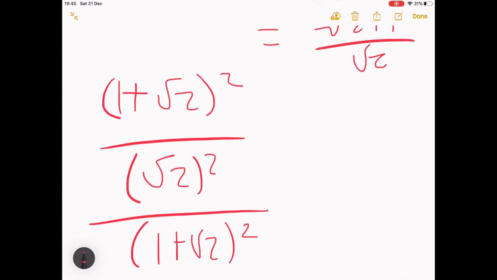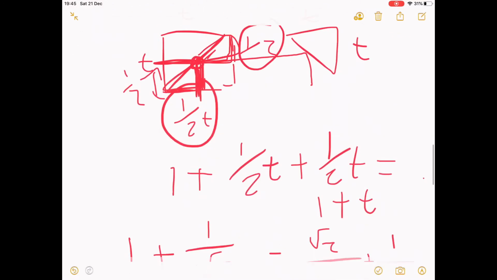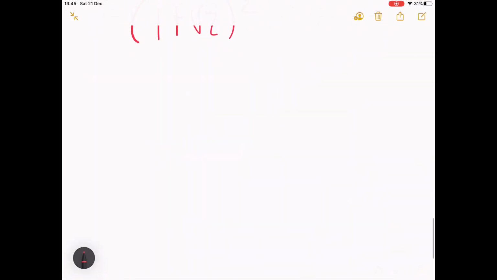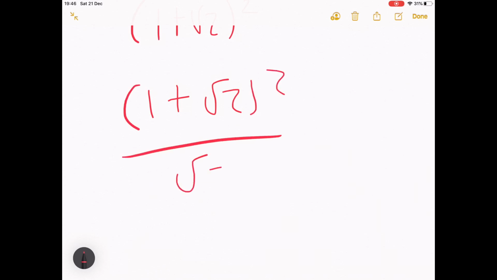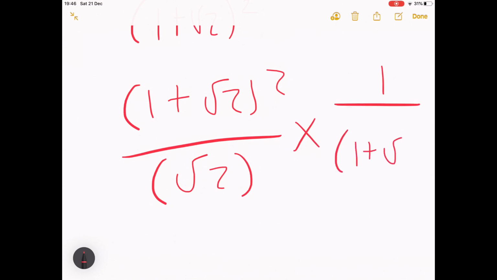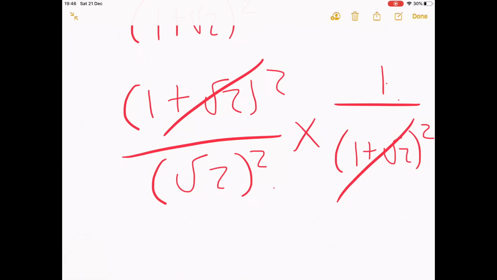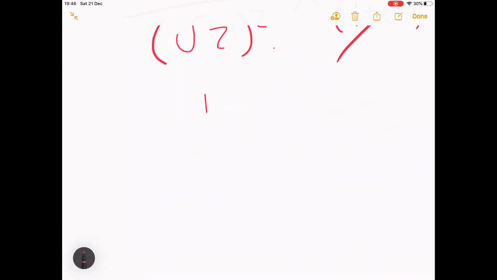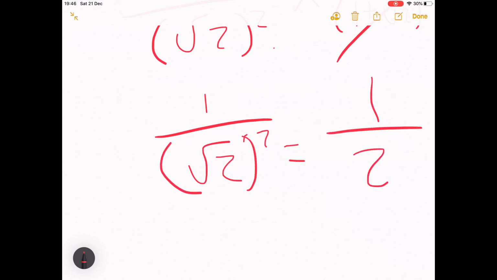And then we can simplify this and basically just do 1 plus root 2 squared over root 2 squared times 1 over 1 plus root 2 squared. So these two cancel out, and then we basically just have these two left. So that's basically 1 over root 2 squared, which is just 1/2. So that is the answer.